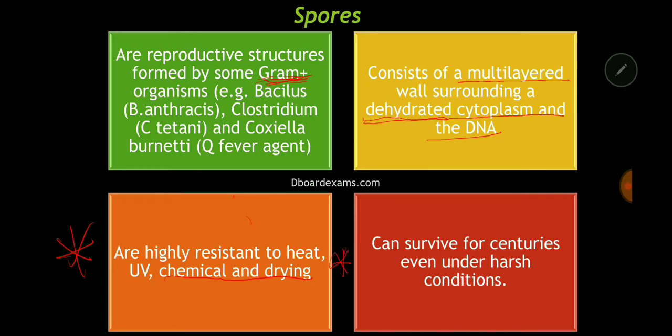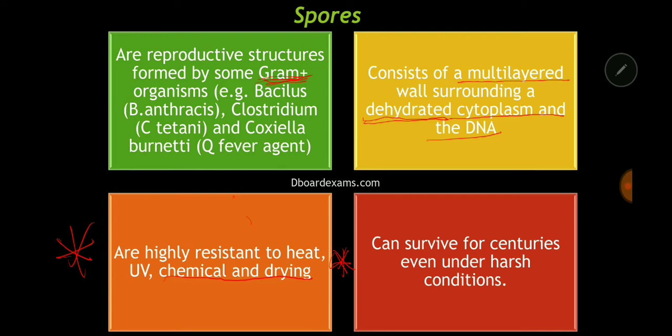Which is the reason spores are the gold standard used to see if the autoclave machine works. You put in spores, and if those spores are no longer growing or they change color, then you know the autoclave is working.